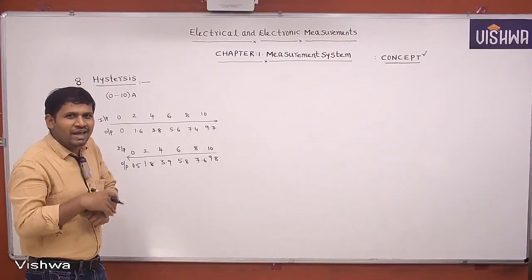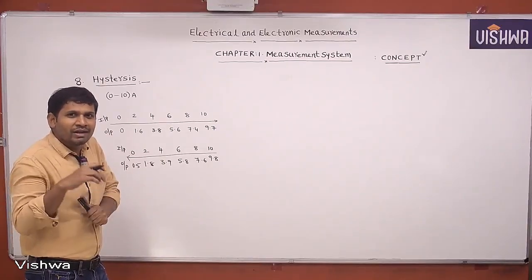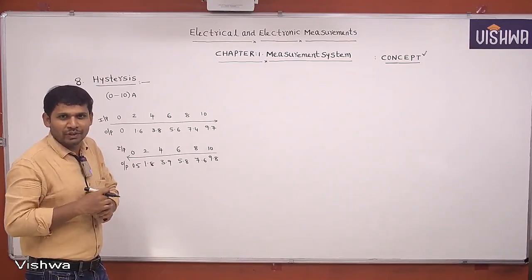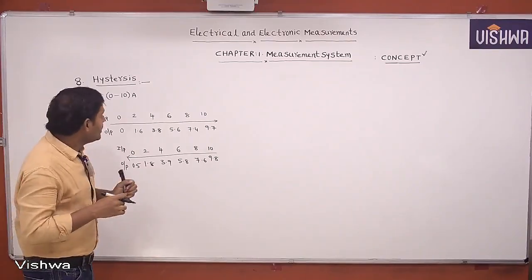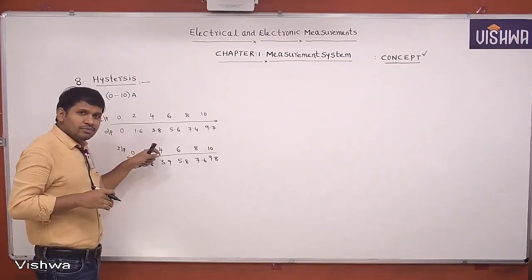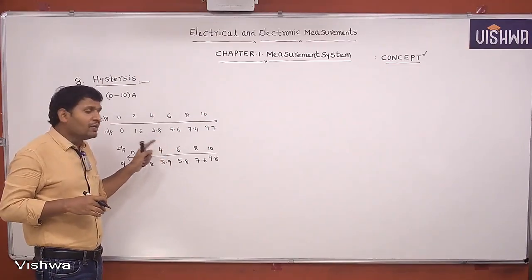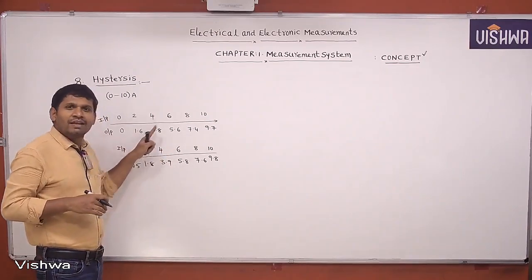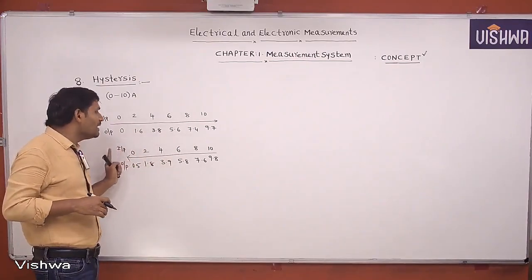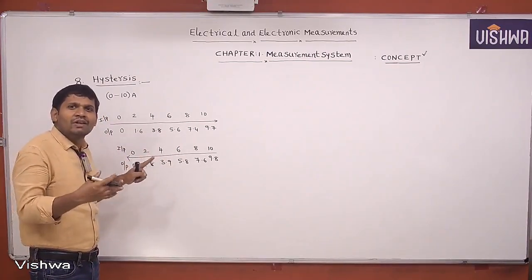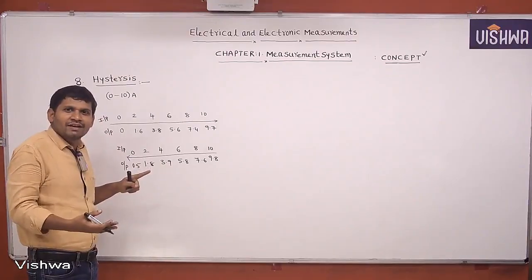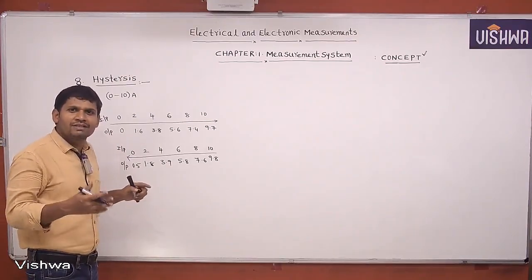Mainly these hysteresis characteristics can be seen in the case of MI type instruments. So if any instrument gives different readings in increasing and decreasing order for the same values of input, then that instrument has hysteresis characteristics.